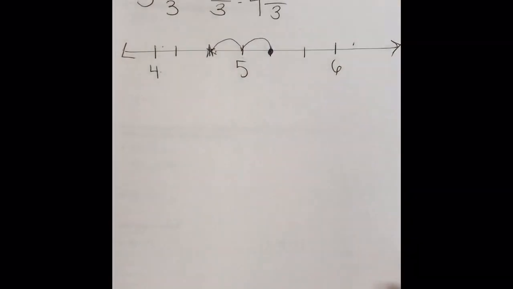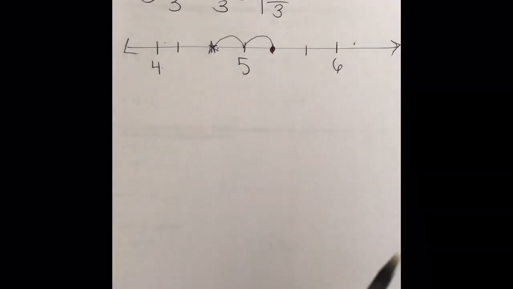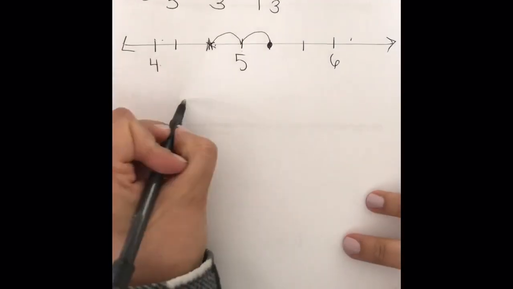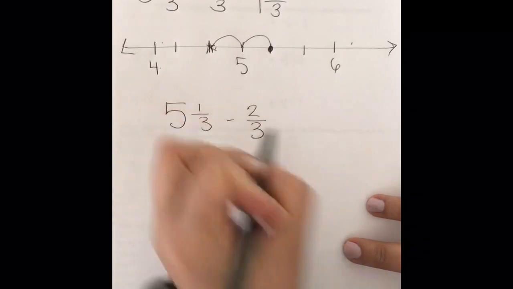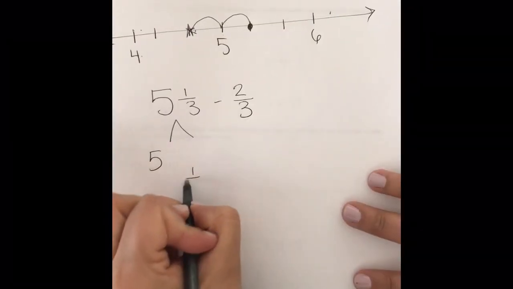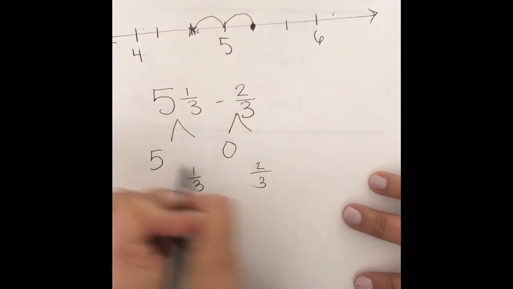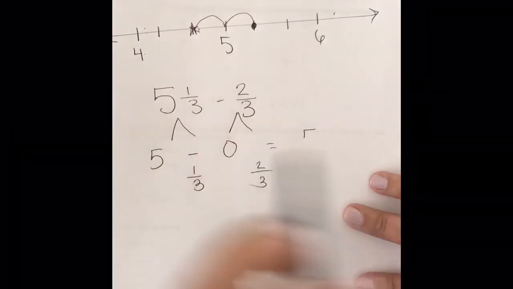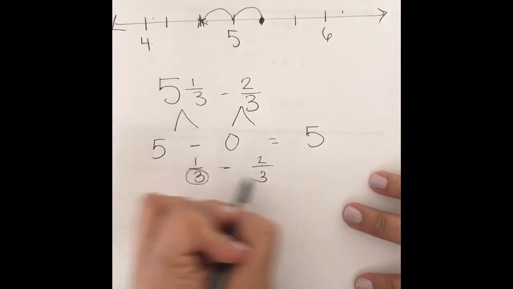Okay? Now, if we were going to do this one using the standard algorithm, it would be a little different because you kind of have to borrow. So if you look, we had 5 and 1/3 minus 2/3. And if we used our decomposing method to subtract, we can't have 1 and take 2 away.